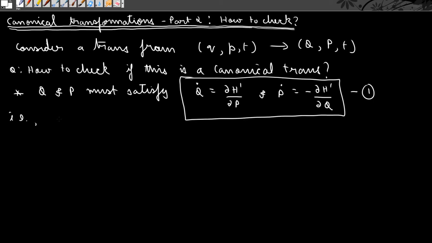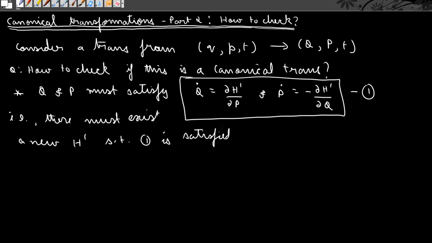That is, there must exist a new Hamiltonian h dash such that 1 is satisfied. So if we cannot find an h dash such that we can relate our new p's and q's in this manner, it means that the transformation cannot be canonical because it cannot preserve the form of the Hamilton's equations.